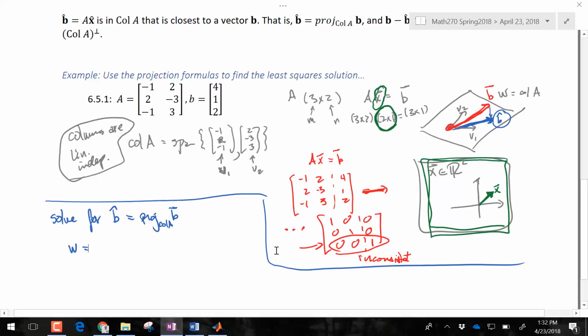But so far, what we have is a vector B in R3 and two other vectors, V1 and V2, that span a plane in R3. So they're all in the same space. Then I want to find an orthogonal projection from B onto the plane, and that's called B hat. Then I'm going to relate B hat with this X on this other space.